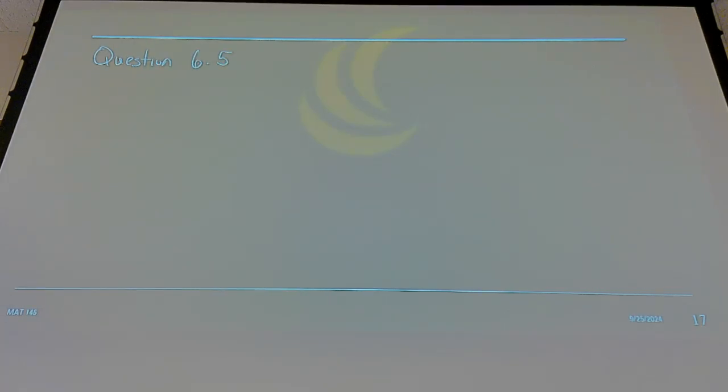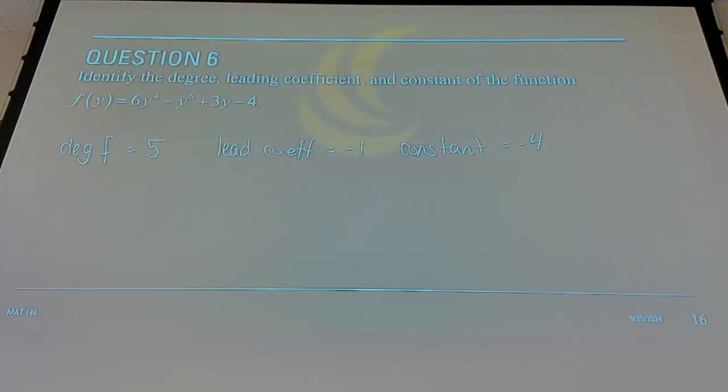So this question 6.5, I can't believe I didn't put a question like this up there. Same thing, we're identifying degree, leading coefficient, and constant. So let me actually do this.